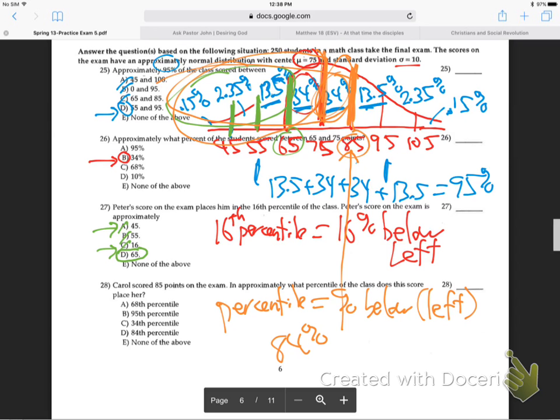Carol's here. So what's left of her is a 34 section and then half the curve. It's 34 plus 50%. Half the curve is 50%. Does that make sense? Questions I can answer on that? So she's at the 84th percentile.